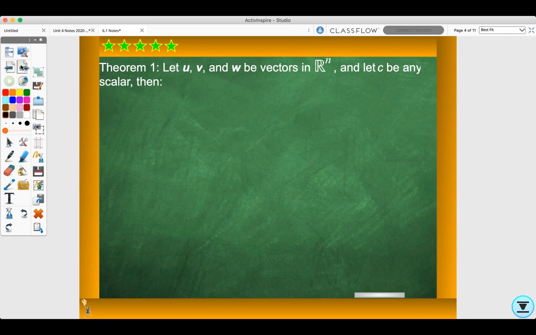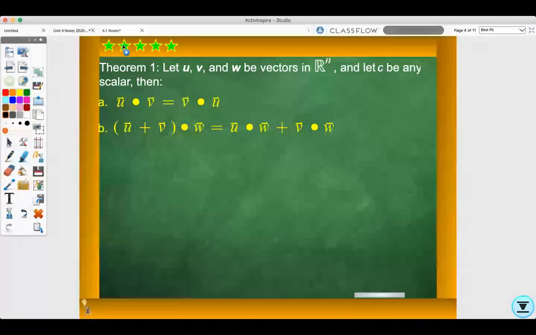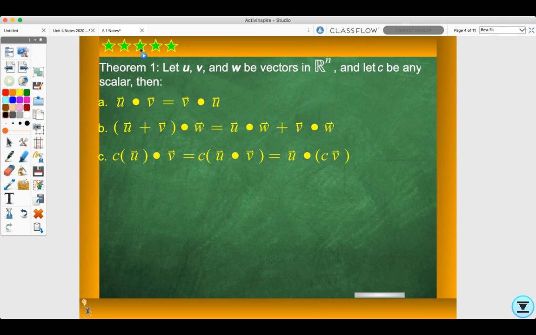Theorem 1. Let u, v, and w be vectors in Rn, and let c be any scalar. Then we have the following. U dot v equals v dot u. Vector (u plus v) dot w equals u dot w plus v dot w. (c times vector u) dot v equals c times (u dot v), which equals u dot (c times v).